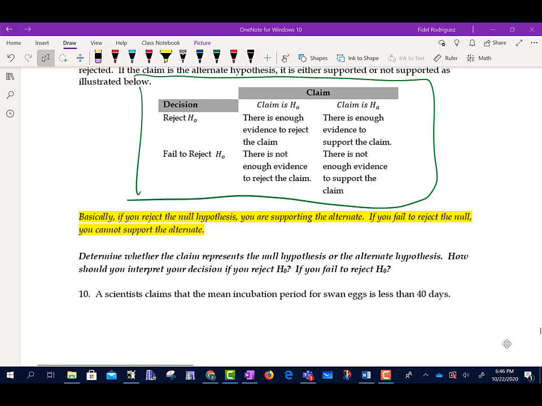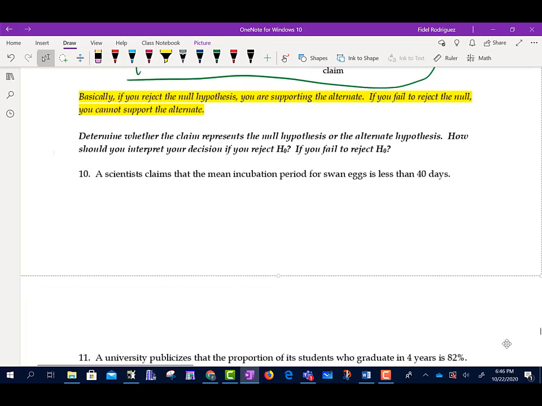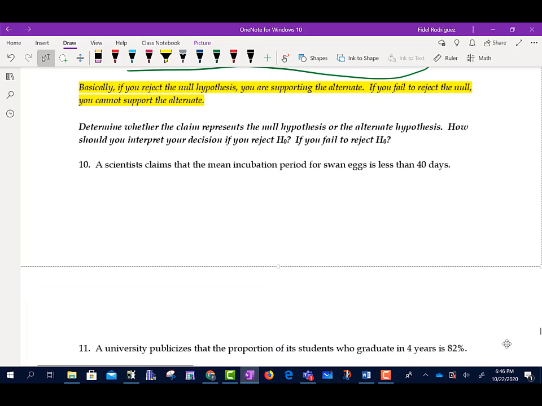All right. So let's go ahead and see if we can figure out how to do these problems here. It says basically, if you reject the null hypothesis, you're supporting the alternate. If you fail to reject the null, you cannot support the alternate. It says determine whether the claim represents the null hypothesis or the alternate hypothesis. How should you interpret your decision if you reject the null or if you fail to reject the null?